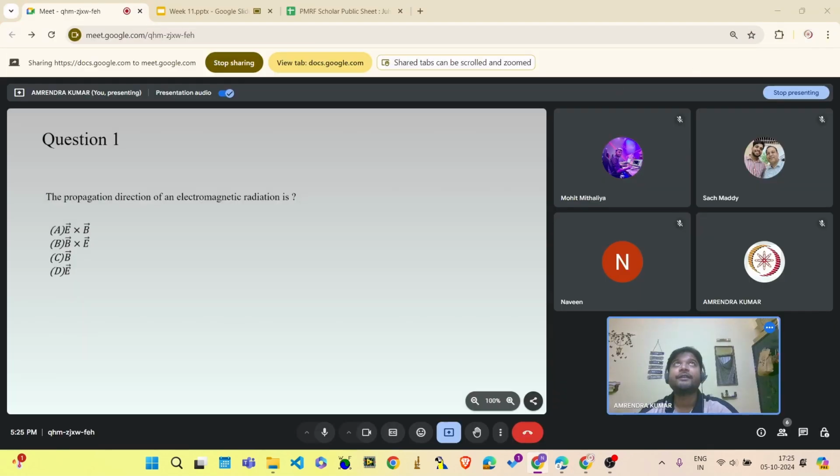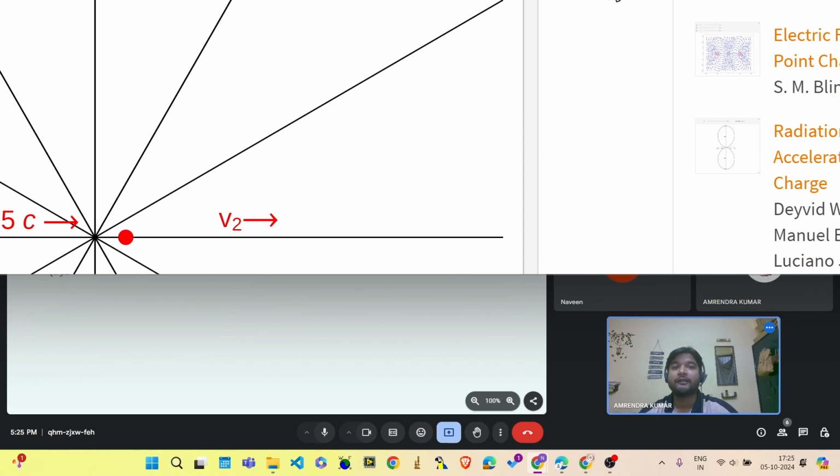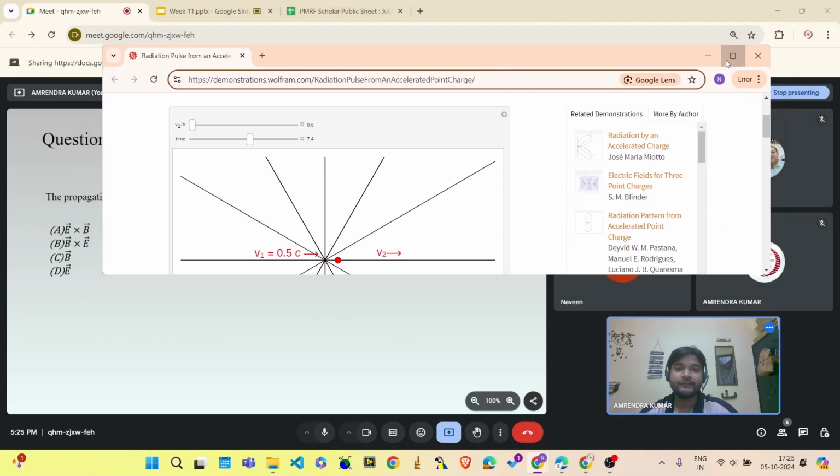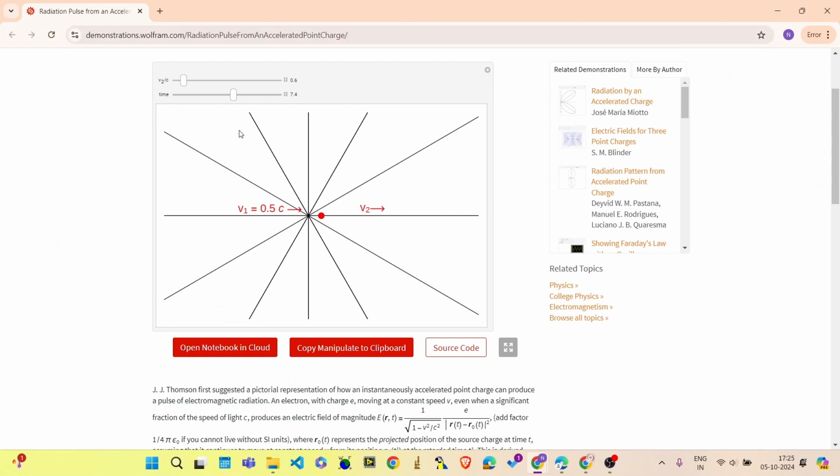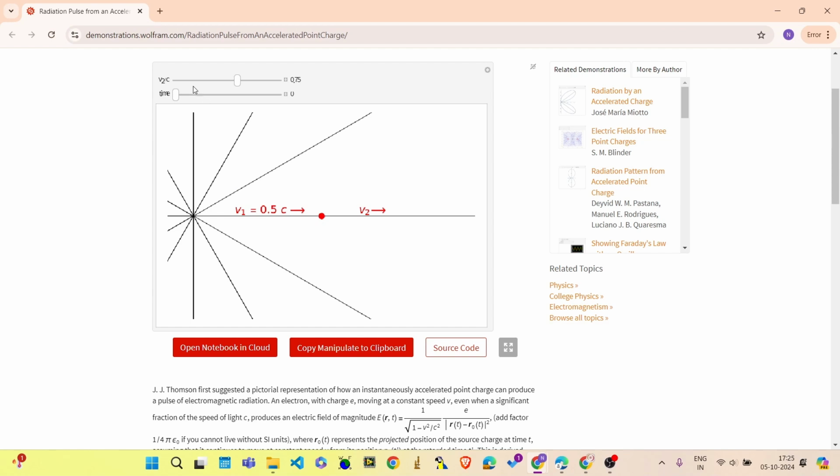Also, there is a Mathematica built-in script for seeing this. If you play around with this one here, you can actually see how it behaves if the velocity is like this. Okay, it's frozen.